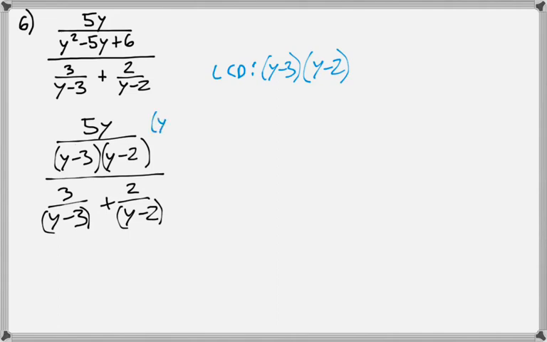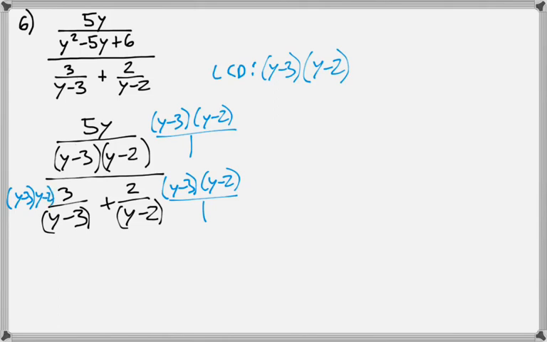Okay, then I'm going to multiply by the LCD itself over 1. And I'm doing that to every fraction. And then I'm going to watch as many things will cancel out.